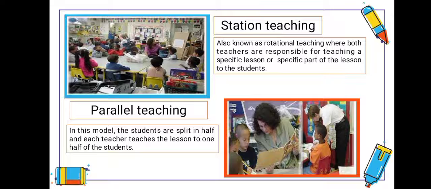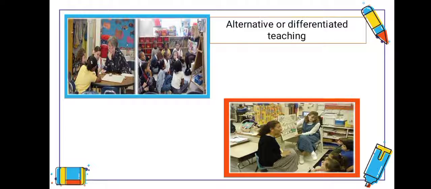Each half of the class receives the same information, and there is no rotation of the students or teachers, not like the station teaching. Also, the other thing about parallel teaching is that both teachers are teaching the students, and the students receive the same information.